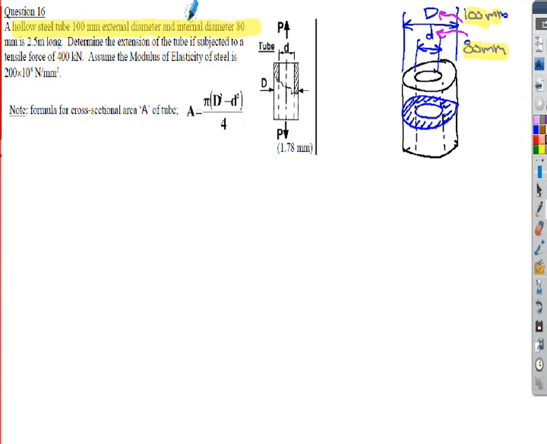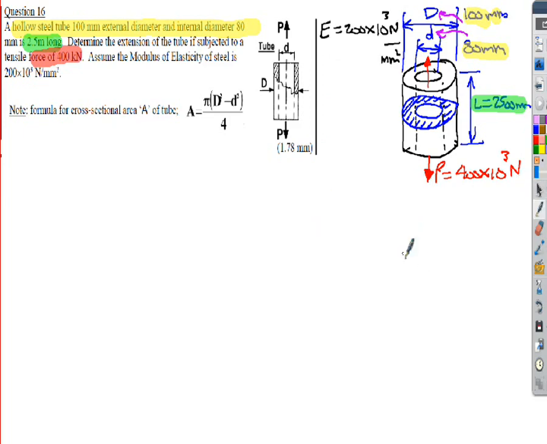We're given the length is 2.5 meters long, so let's draw that. 2,500 millimeters in length there, and we've got a force applied. The force is given to us, and P is equal to 400 kilonewtons. So 400 times 10 to the 3 newtons. There. Okay, and the elastic modulus we're given as well. We need to note that one. The E value is given in the question.